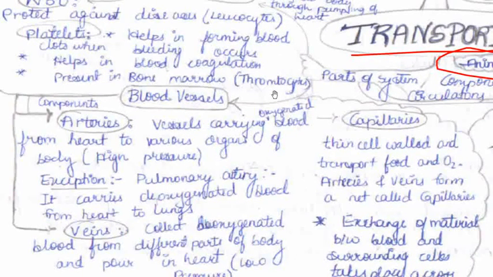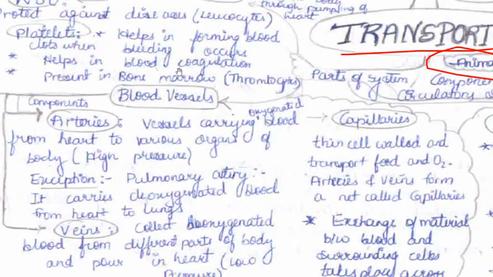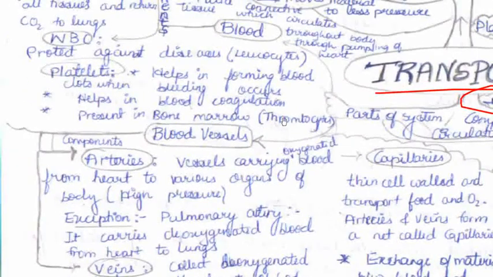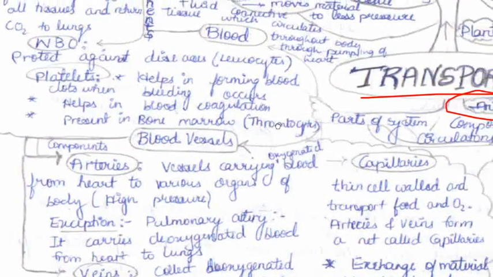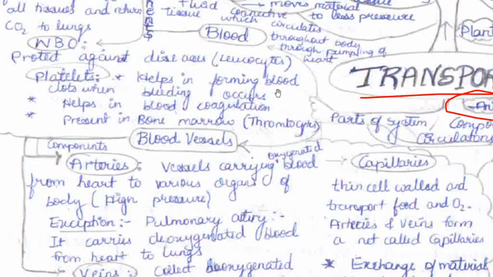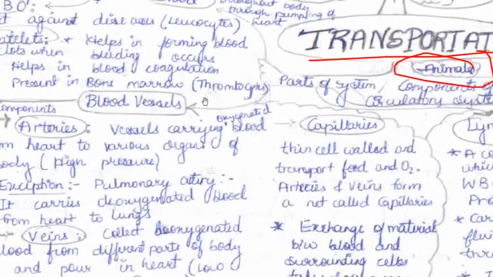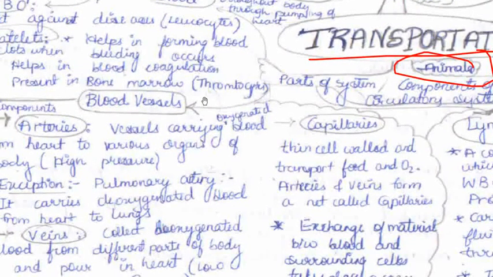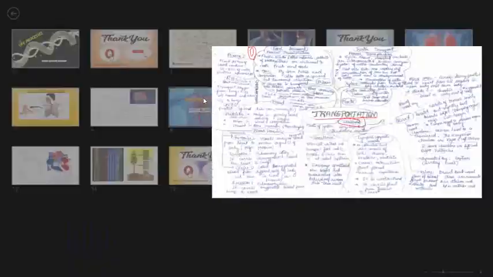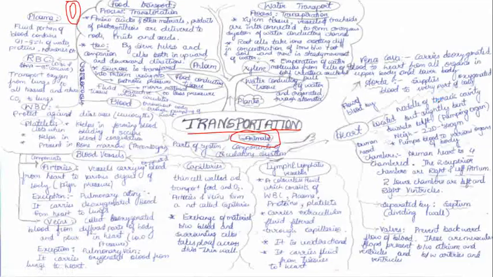These platelets are also called thrombocytes because they are helpful in forming blood clots, so they named it thrombocytes. So right, we have studied the first component of the transportation system, that is blood.